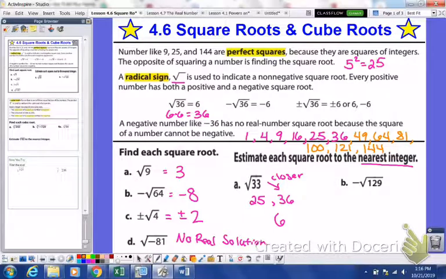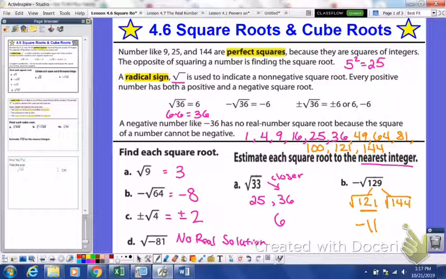Again, 129 falls between 121 and 144. It is closer to 121. Since we're just going to the nearest integer here, it's going to be closest to the square root of 121, which is 11. We have the negative sign outside, so our answer is negative 11.